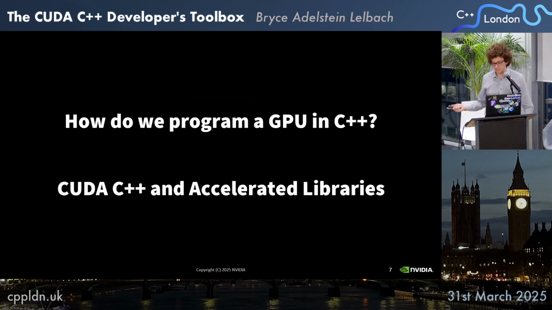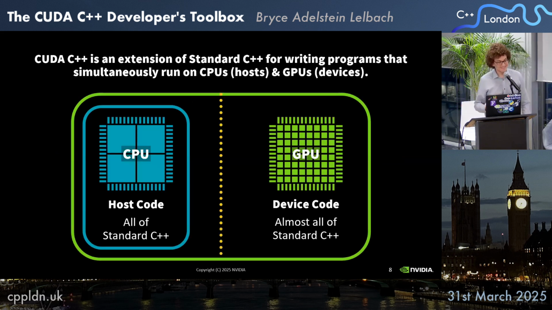Well, with CUDA C++ and NVIDIA's accelerated libraries. So what exactly is CUDA C++? CUDA C++ is an extension of standard C++ for writing programs that simultaneously run on CPUs, which we call hosts, and GPUs, which we call devices. So in host code, you can write regular C++, any standard C++ you can use.